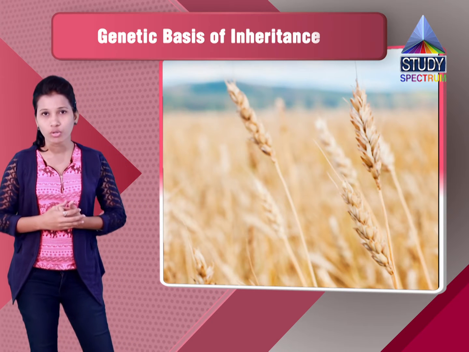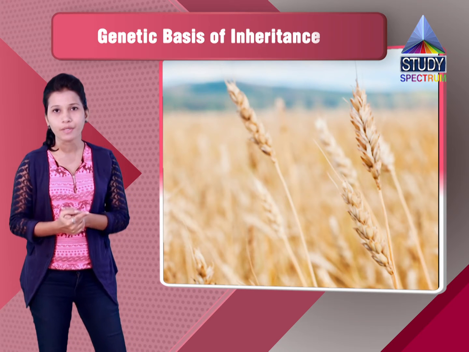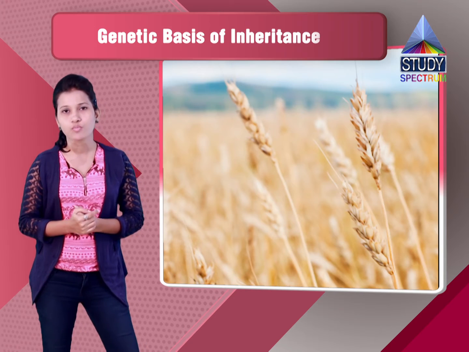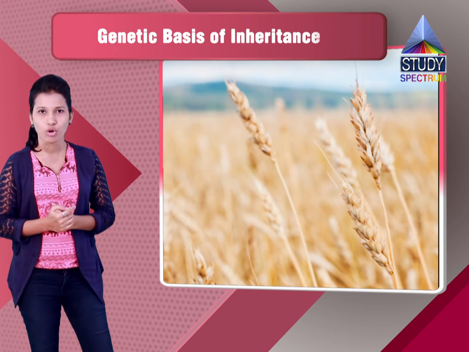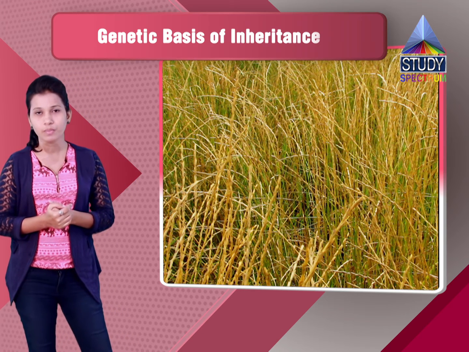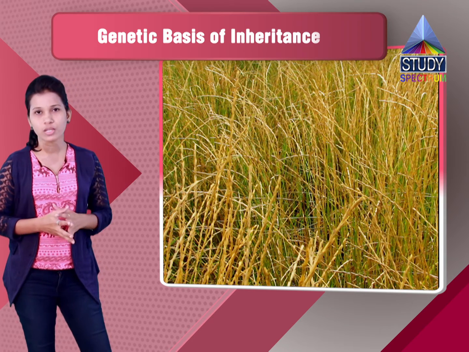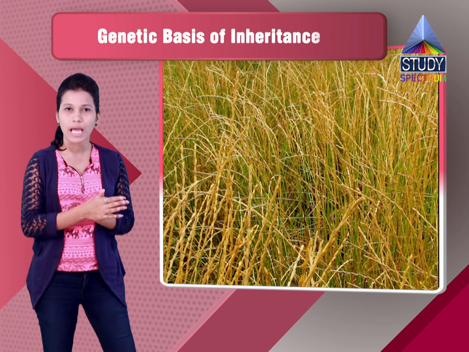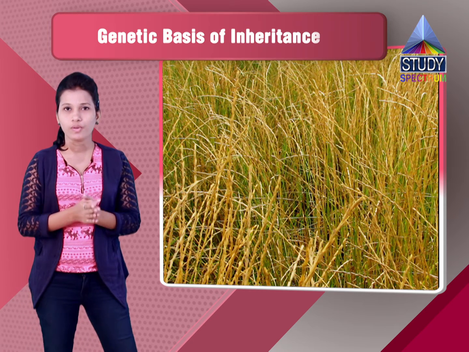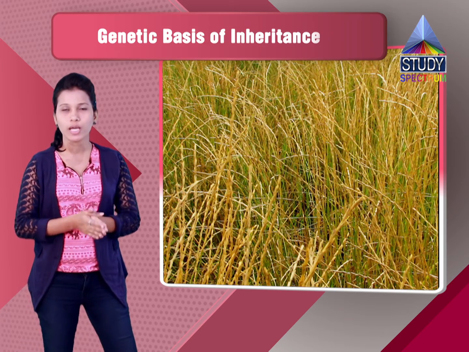If you see the genotypes here, in the red color we have capital A, capital A and capital B, capital B. For the white color we represent it as small a, small a and small b, small b. If these genes produce the gametes, the red parent will produce gametes having capital A and capital B. And in the case of white, we will get gametes with small a and small b.